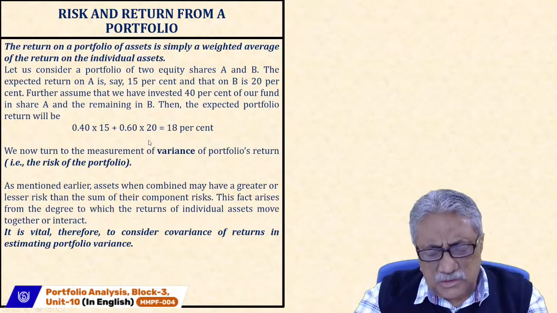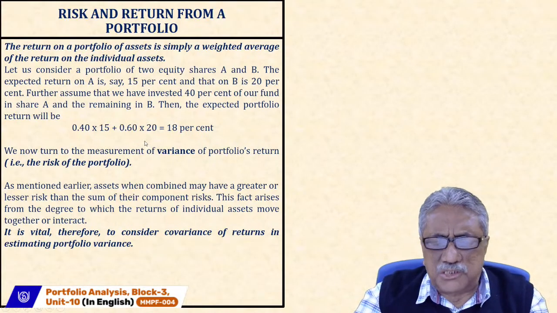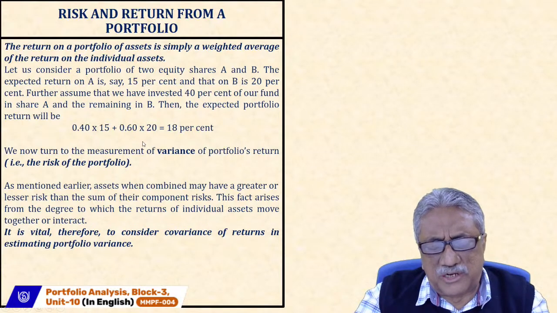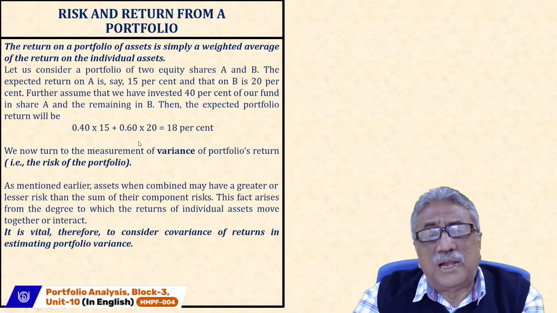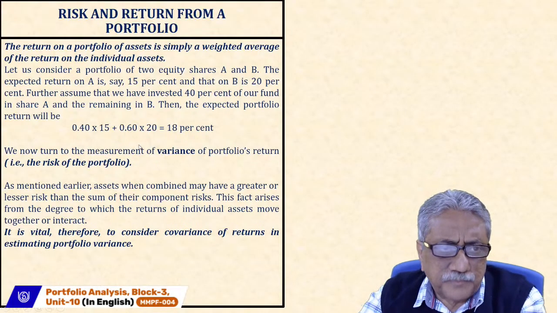So I'll give you a small example. Suppose you have purchased L&T, which is a standard good company. On the other hand, you have bought Jubilant, your Domino's Pizza.